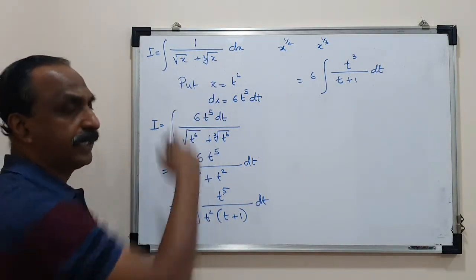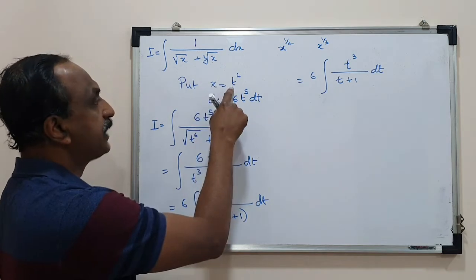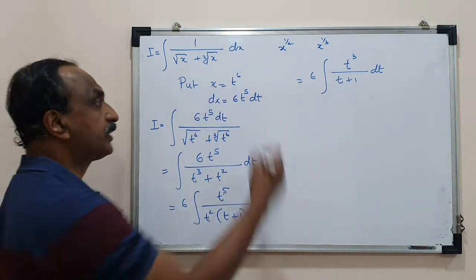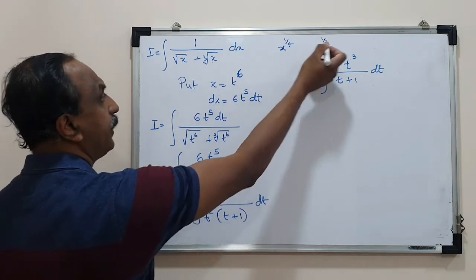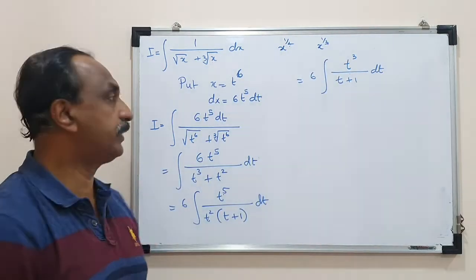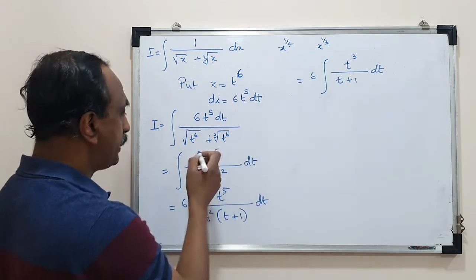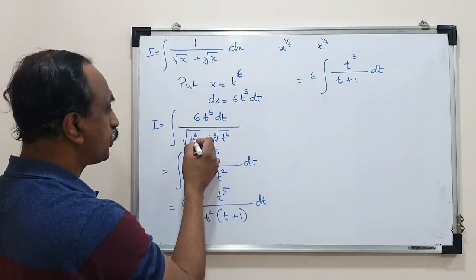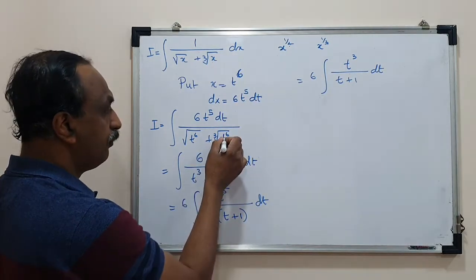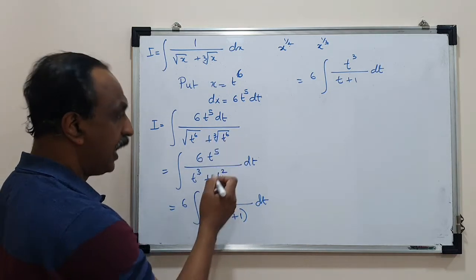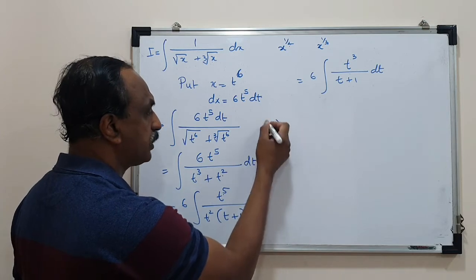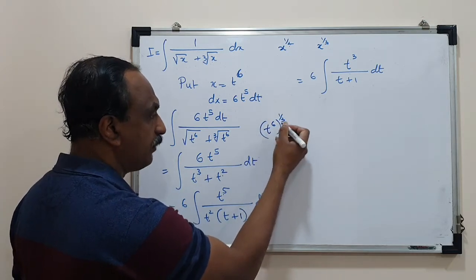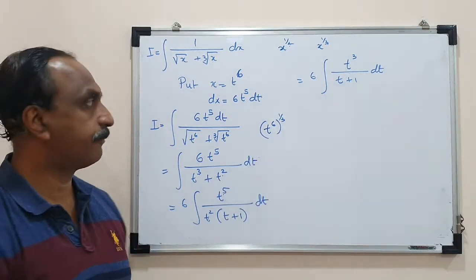Previously it was a very complicated function, but when you replace x as t raised to 6, you should understand how I selected the 6. It is the LCM of 2 and 3, so that when I replace t raised to 6 over here, I get an integer. In fact this is t raised to 6 raised to 1 by 3. So 6 and 1 by 3 got cancelled and we got t square.